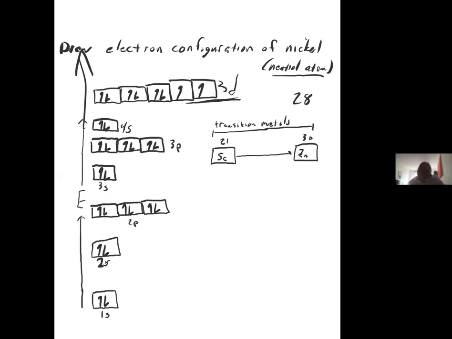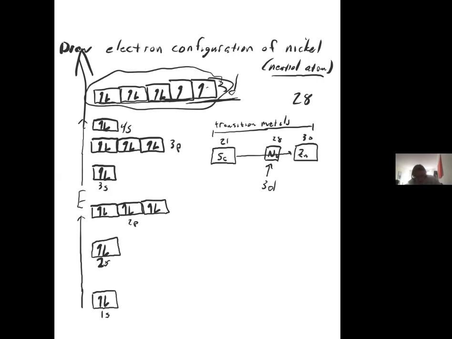Nickel's in there too, so nickel is 28. Those elements, their outermost subshell is a d. So see how this was 3d? This is our highest right here.